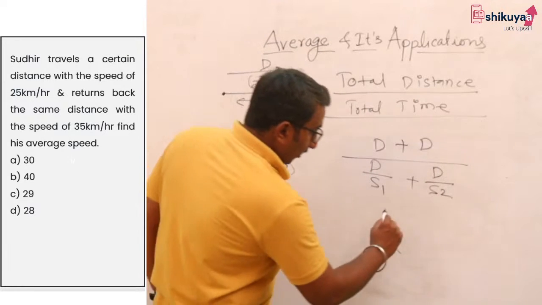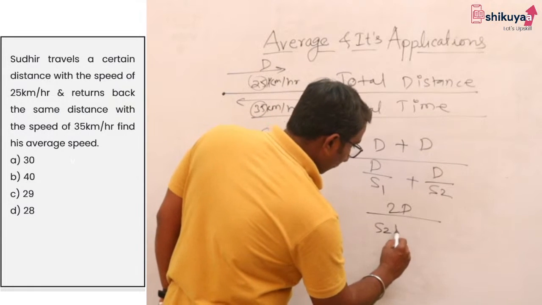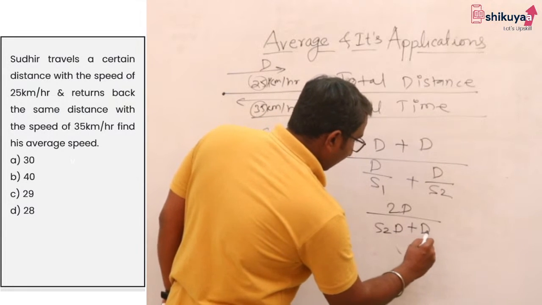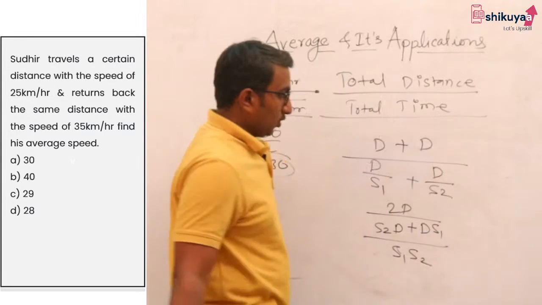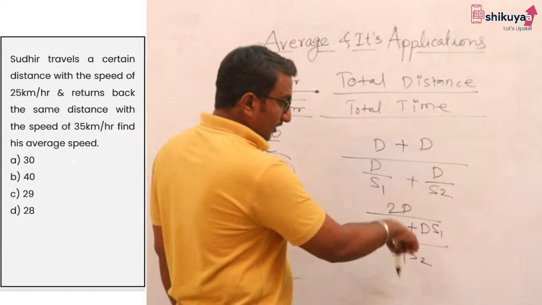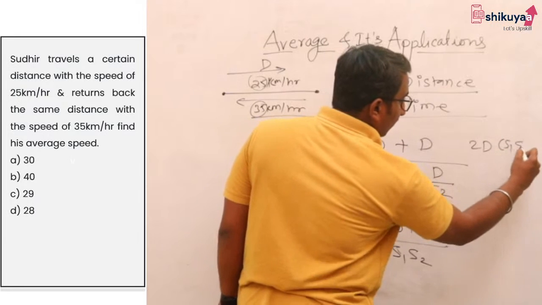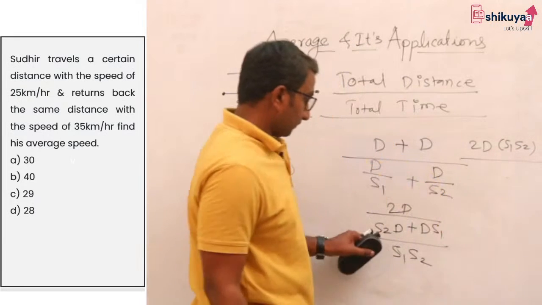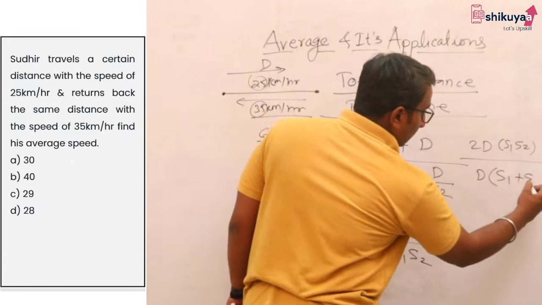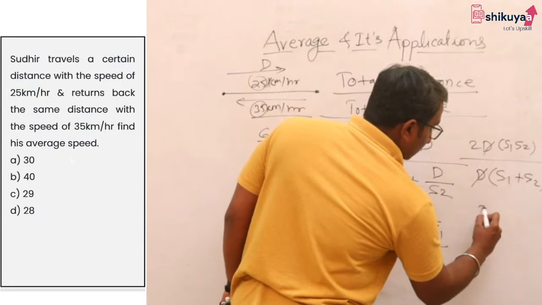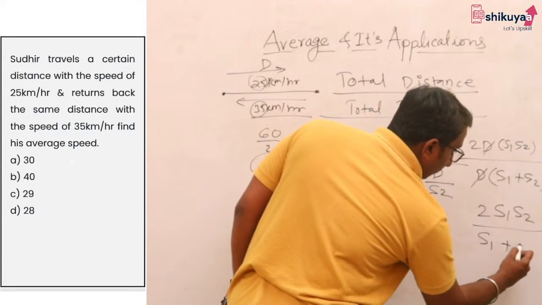Solving this further, it will be 2d upon (d s2 plus d s1) upon s1 into s2. Then s1 s2 comes to the numerator, so 2d s1 s2 divided by d times (s1 plus s2). d will get cancelled, giving 2 into s1 into s2 upon s1 plus s2.